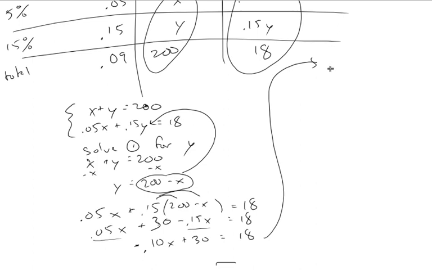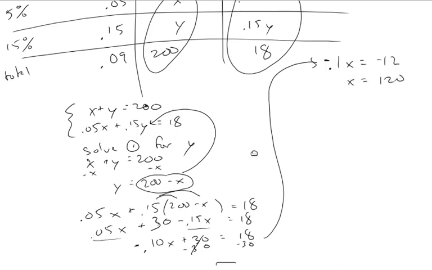Subtracting 30 from both sides, I get negative 0.1x equals negative 12, because I subtracted 30 from here and 30 from there. Those cancel. I get negative 12 on the right-hand side. Dividing both sides by negative 0.1, it's the same as multiplying by negative 10, so I get x equals 120.